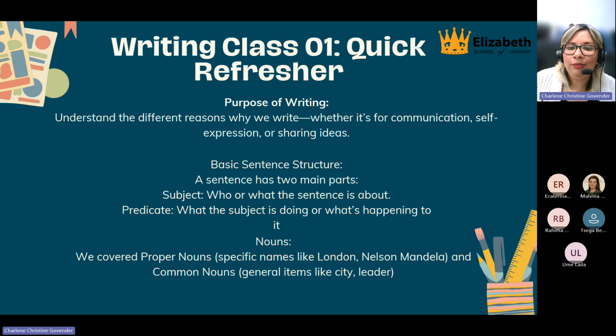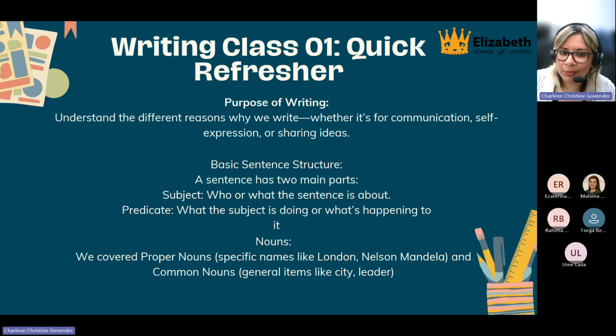Would anybody like to give me their own examples of proper nouns? You can unmute or use the chat feature. Okay. Yes. 100%, Malvina. That is a proper noun. It is a name. Well done.